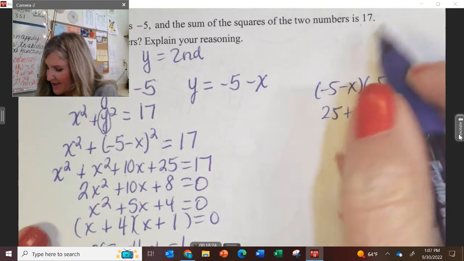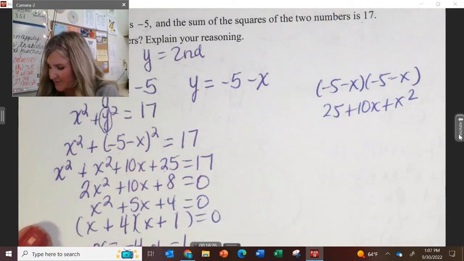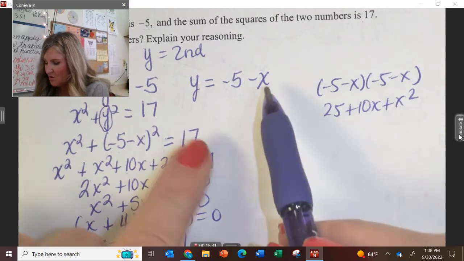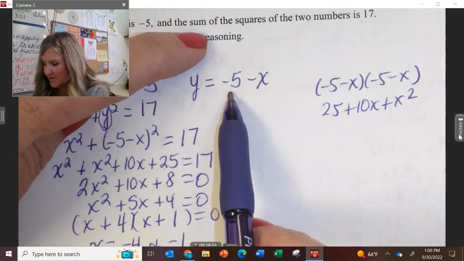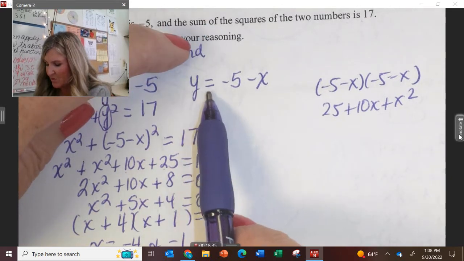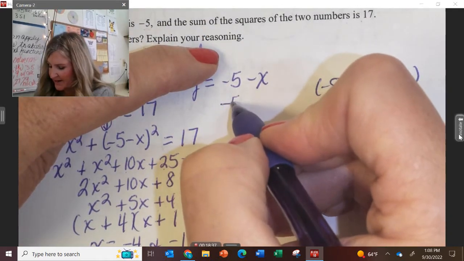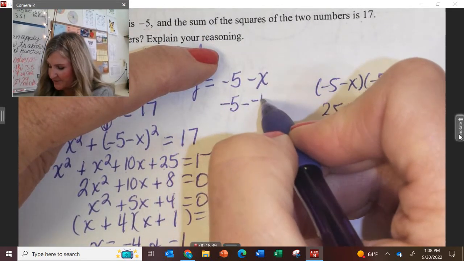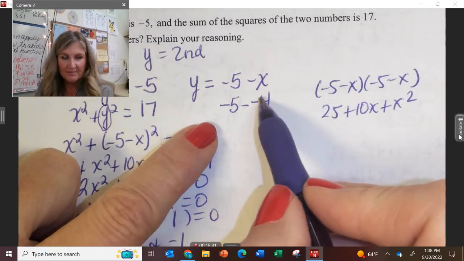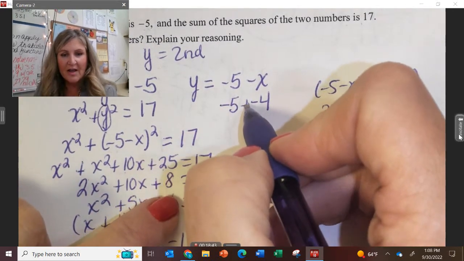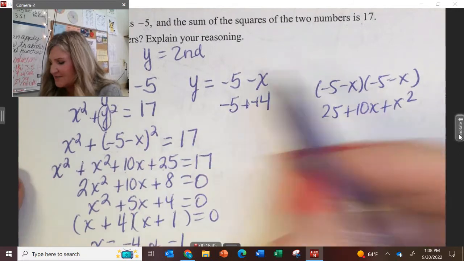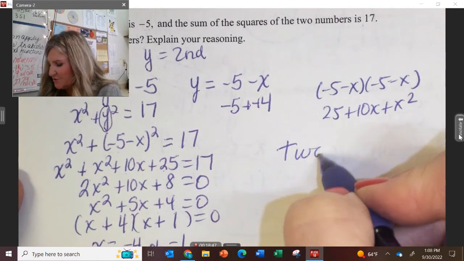So what are my possible values for X then? Good. So that means then that my first number can be -4 or my first number can be -1. What if I plug -4 in so that I can find out what Y is? What is -5 minus -4? -1. So all it's asking me to do is to find the two numbers.